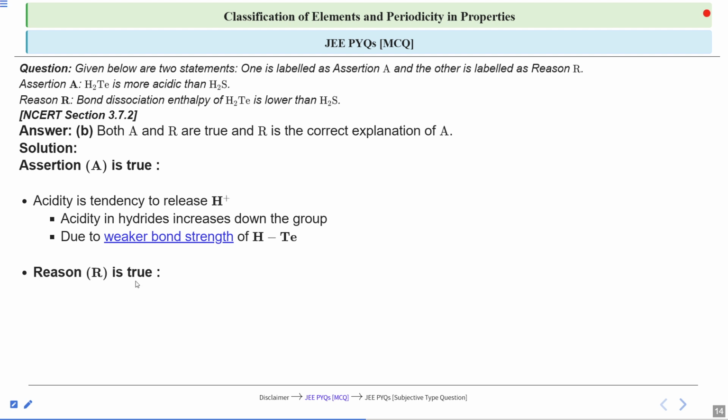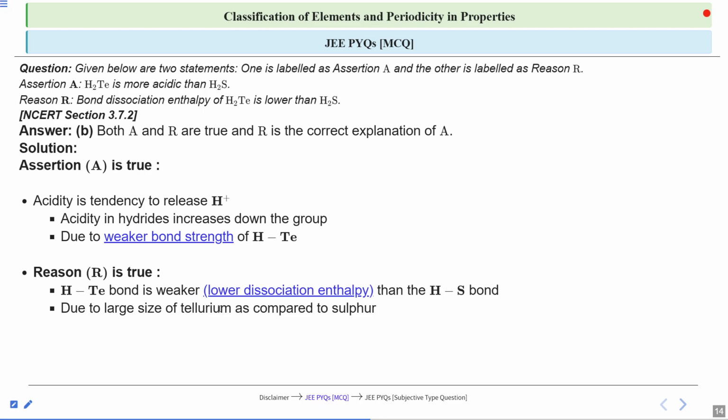And the reason says the same thing. Since the hydrogen-tellurium bond is weaker, it will be more acidic than H2S. And that credit goes completely to the large size of tellurium. No other reason can explain it. A very simple reason is that the size is large.